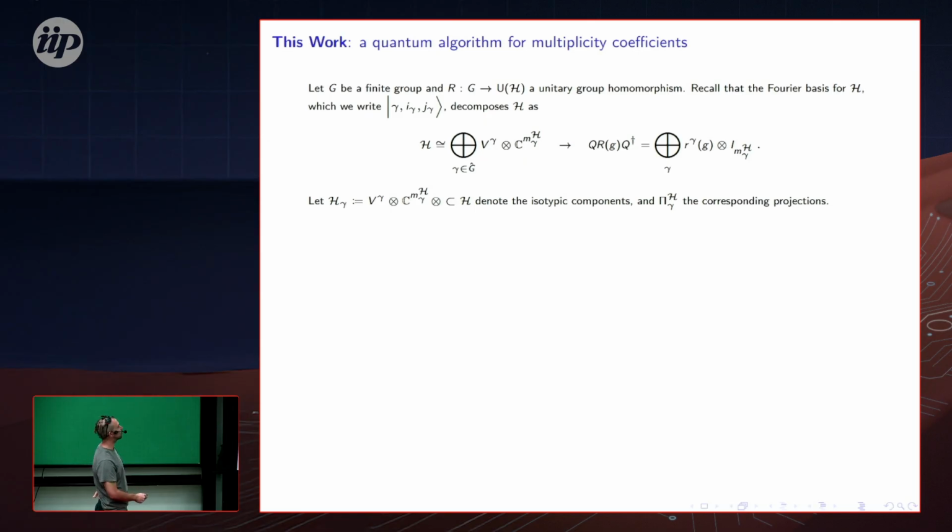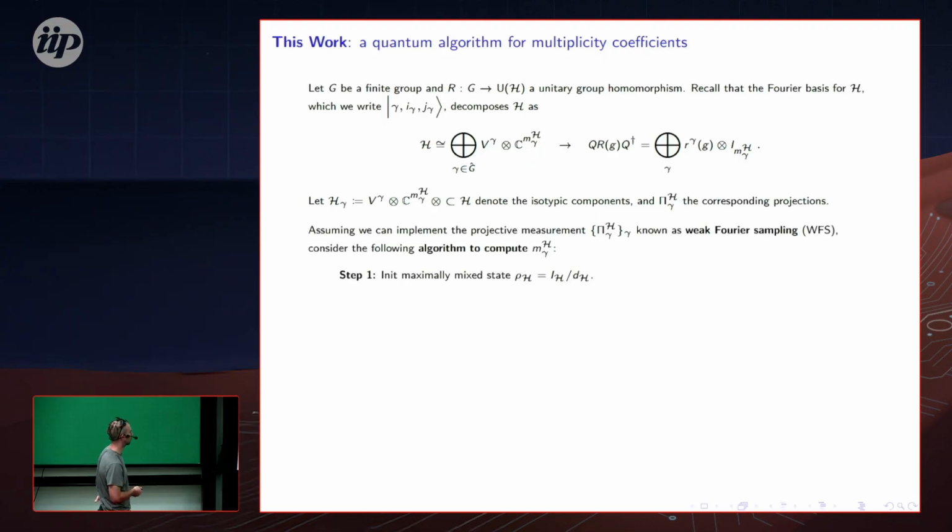So this is our general algorithm for an arbitrary group, over which we will assume we have an efficient QFT over the left regular representation, and some arbitrary rep over which we don't have a QFT, but we want to use the GPE algorithm. So again, a general form of the Fourier basis and how the represented group elements look in the Fourier basis, isotypics, and these projectors that we want.